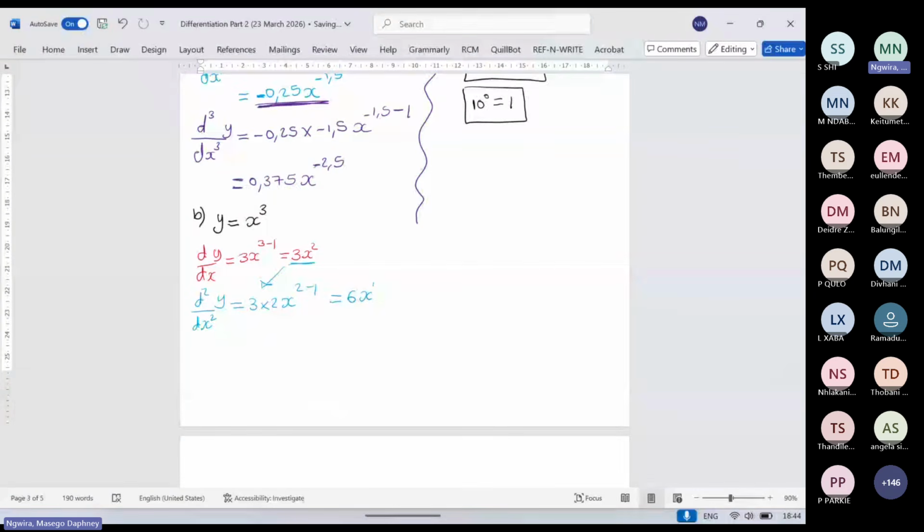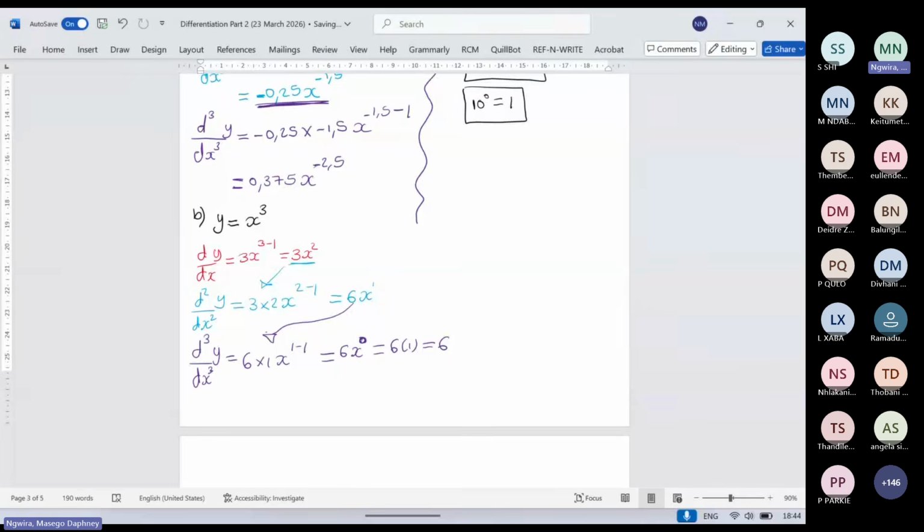You take this, you derive it, your answer there. So this will be 6 times 1, then x to the power of 1 minus 1. This will be 6, then x to the power of 0. And I said that any number to the power of 0 is 1. So this will be just 6 times 1, which is 6.